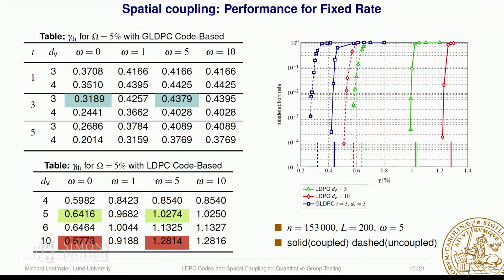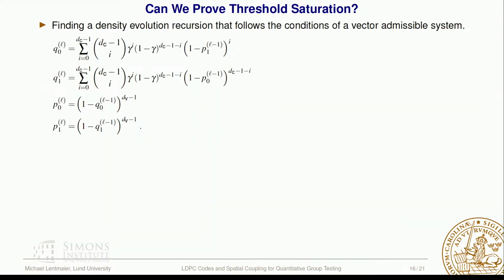So the final question is, can we analyze spatial coupling? Can we prove that this saturates? Up to now, what I showed was basically results that we presented last year at ISIT, but what I show now, this proof of threshold saturation, is a new submission to this year's ISIT, where we actually prove that threshold saturation occurs.